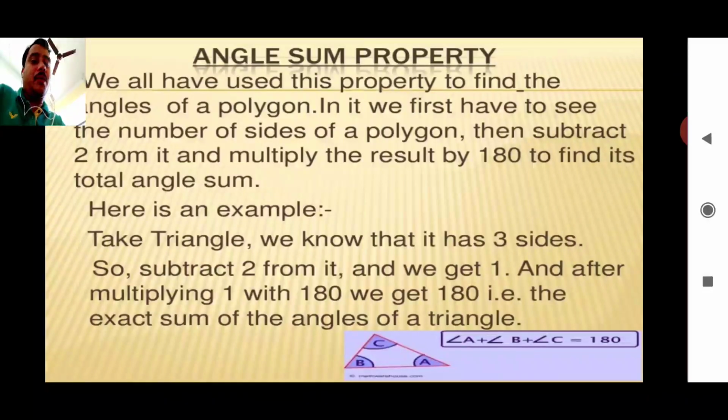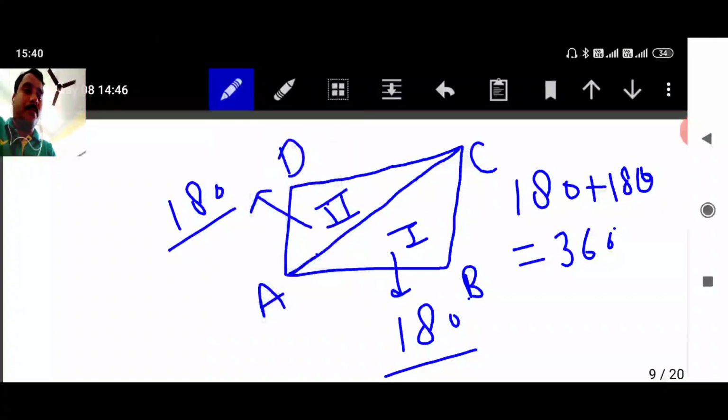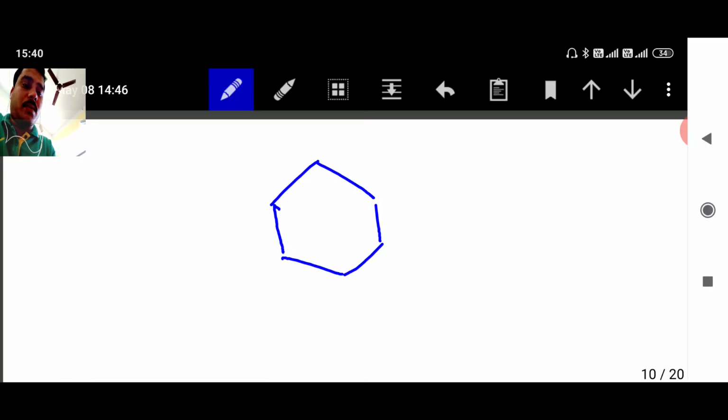We use this property to find the angles of a polygon. First we see the number of sides of the polygon, then subtract 2, that is, n minus 2. First of all, see the number of sides.